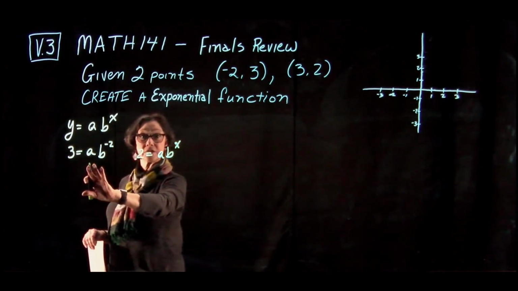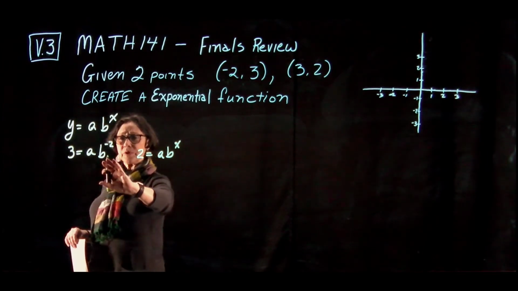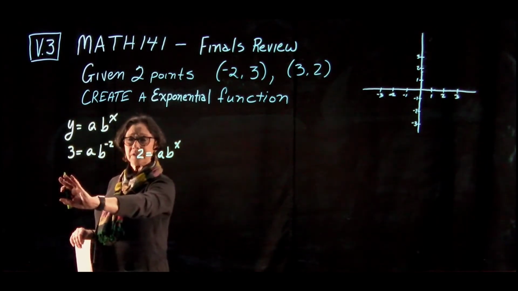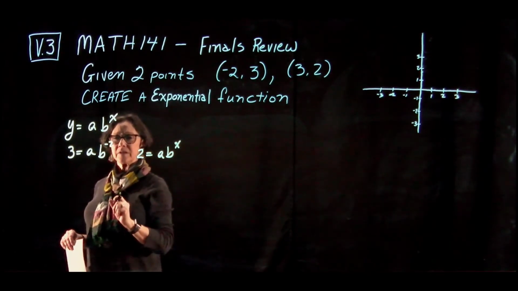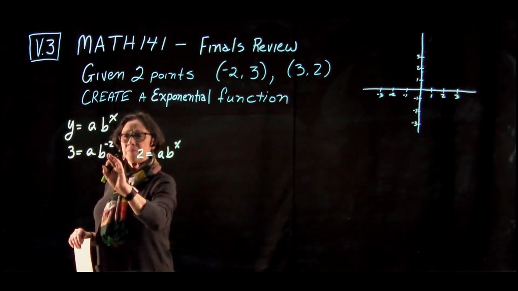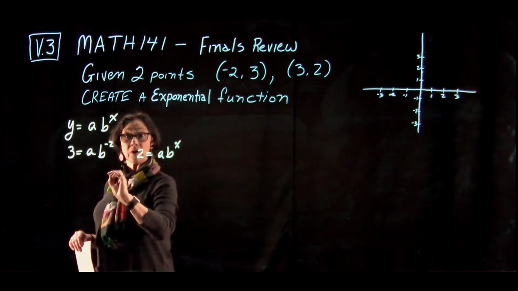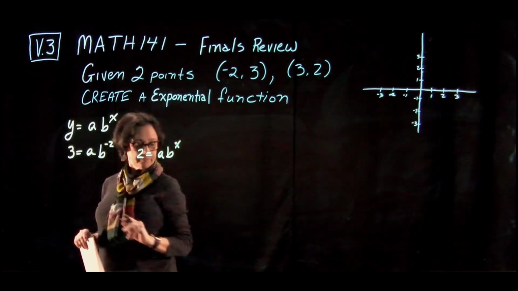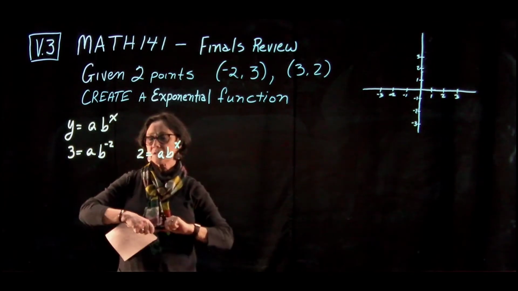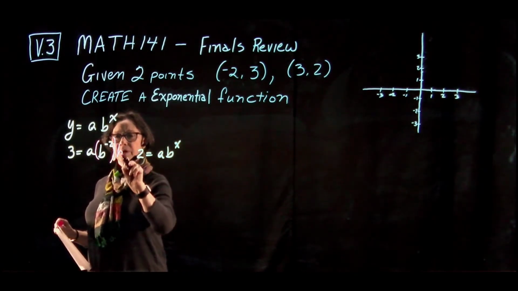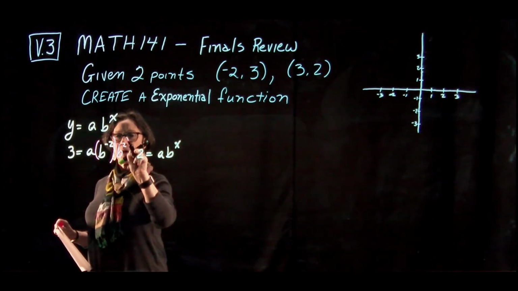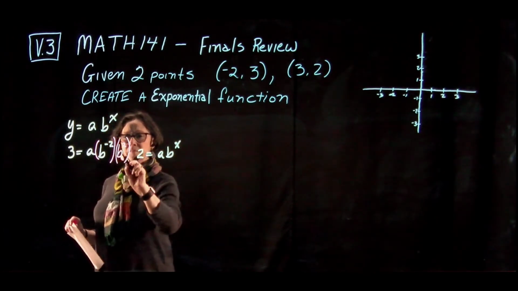I'm going to take my first equation and get b to the opposite side to solve for a. In order to get b to the other side, I need to divide by b to the negative 2, or I can multiply the side by b to the second power.